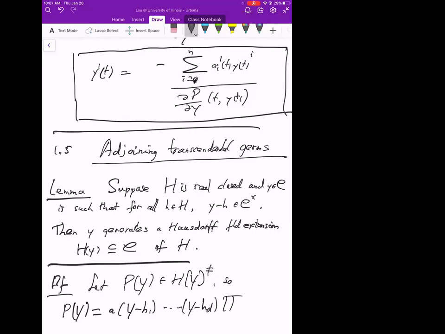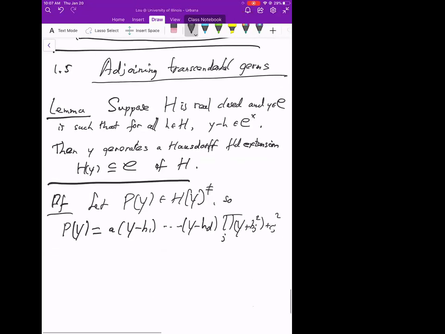And then the product of the quadratic irreducibles, (Y plus BJ) squared plus CJ squared, with A and H1 up to HD, and the BJs and the CJs all in H, CJ not 0, to make it really irreducible here.